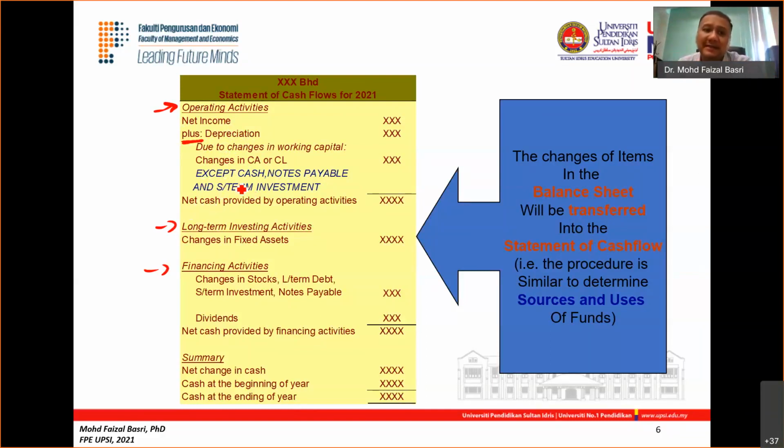Again with the exceptions. So the exceptions will be 3 items: cash, notes payable, and short-term investment or marketable securities. So these 3 items will be excluded from our changes in current assets and current liabilities.